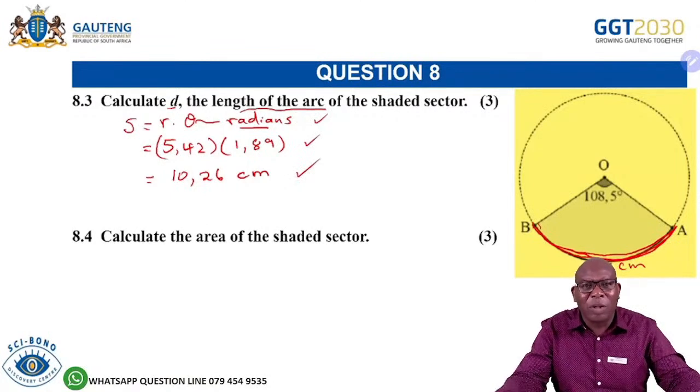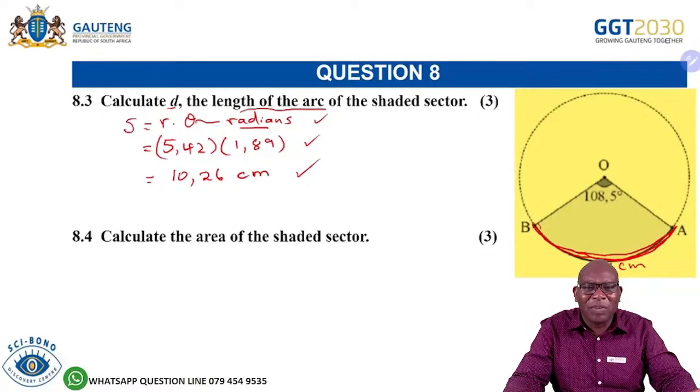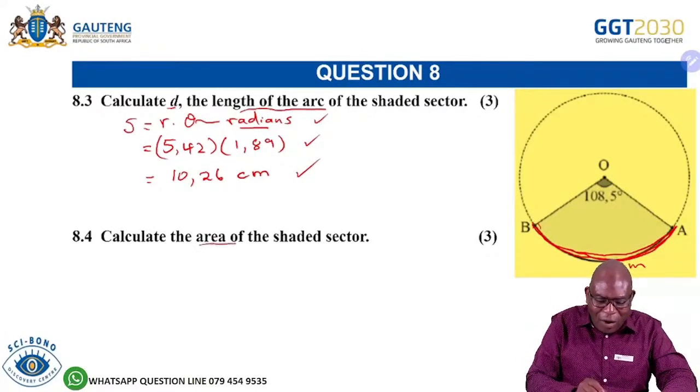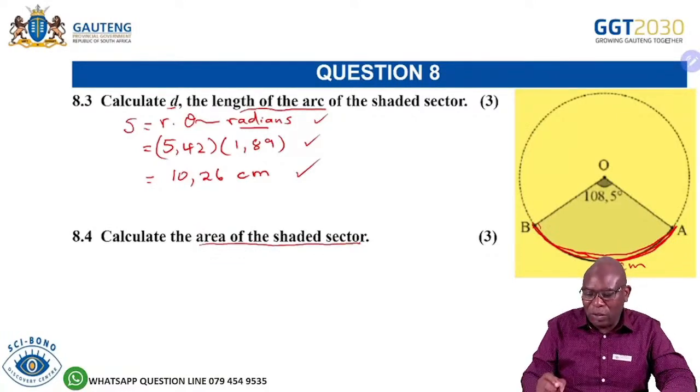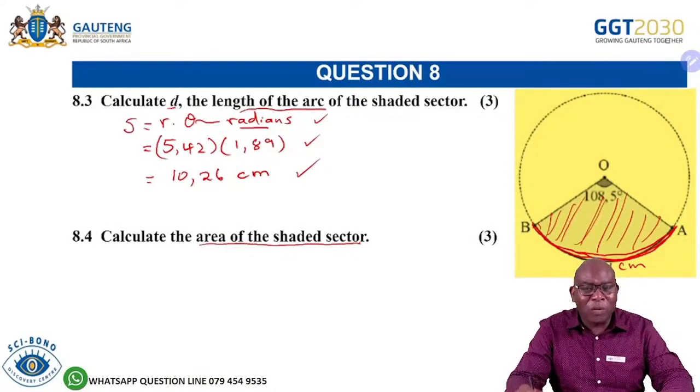What is your problem? You have the formula in front of you. Okay, right. Calculate the area of the shaded sector. Can you see that part is shaded here? So you go to the formula sheet, you look for the formula in the middle.